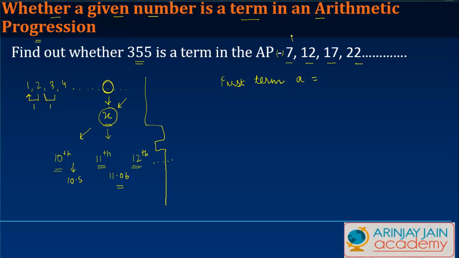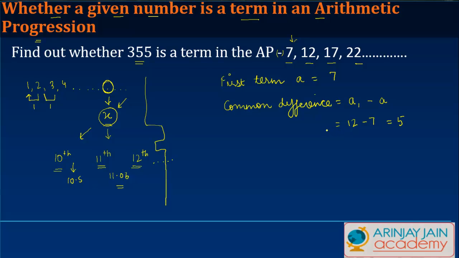The value of the first term is 7. Right? What is the common difference? The common difference can be found out by subtracting the first term from the second one, right? Or in other words, a1 minus a, or 12 minus 7, is equal to 5.